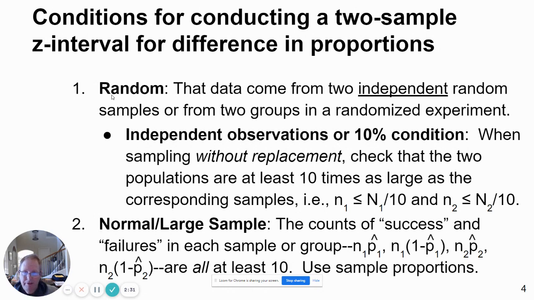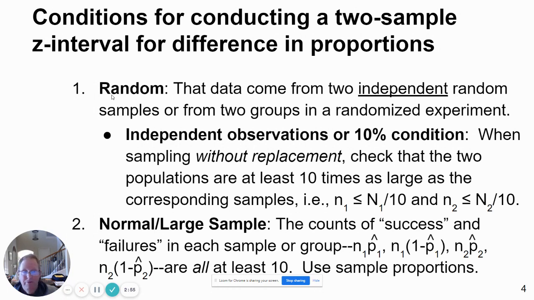So let's talk about the second condition, independent observations or the 10% condition. When sampling without replacement, we need to check that the two populations are at least 10 times as large as the corresponding samples. So in this case, the sample size for the first sample has to be less than or equal to 1/10 of that corresponding population.